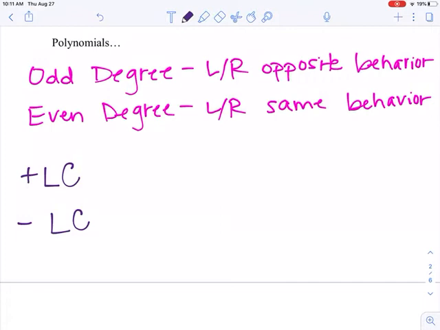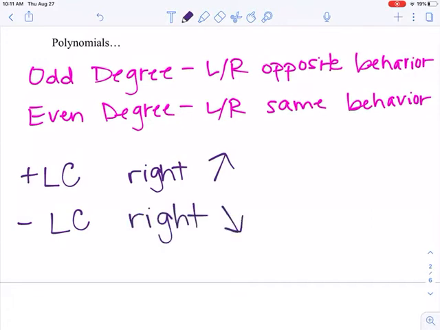Okay. Also, we need information about the leading coefficient. So we could have a positive leading coefficient or a negative leading coefficient, LC for leading coefficient. If our leading coefficient is positive, then we know the right is going to rise. But if our leading coefficient is negative, the right is going to fall.